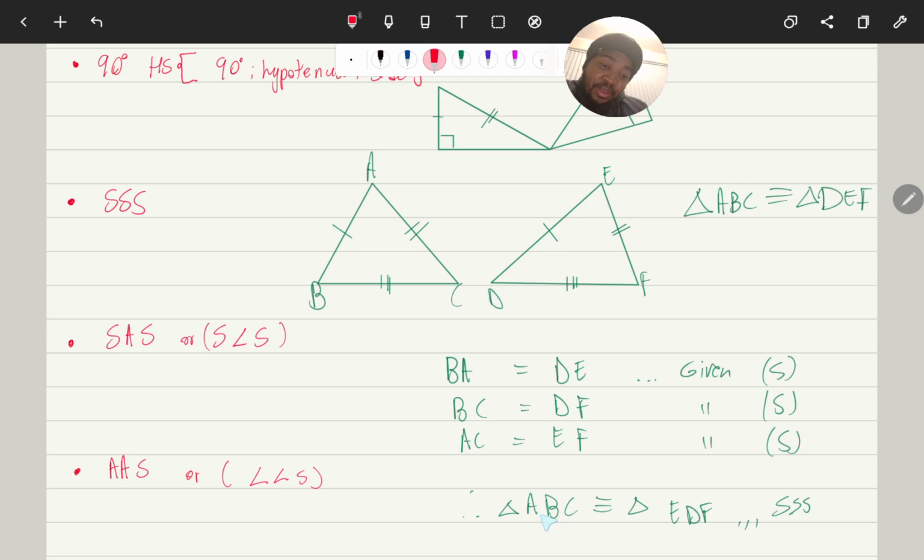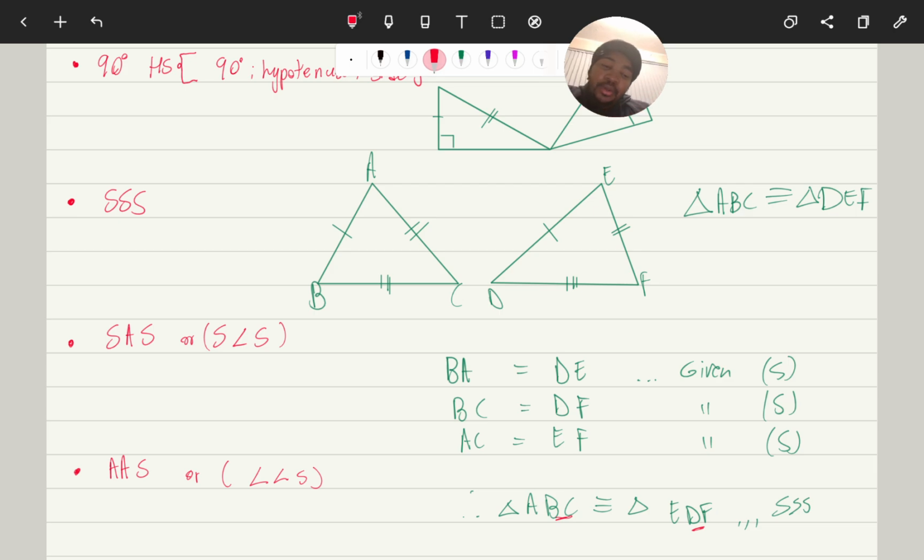We have BC, BC must be equal to DF, right? And then AC must be equal to EF. So the way in which you name your triangles, from the names themselves, we must be able to tell, oh, this side and this side, therefore they are equal.